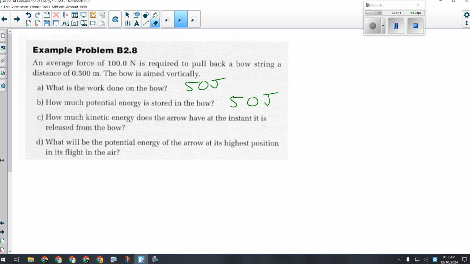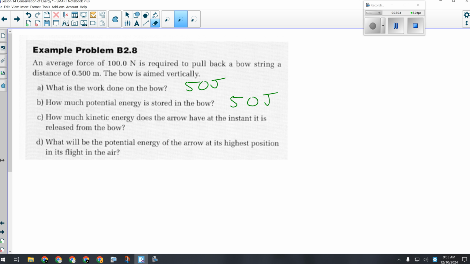It says, the total mechanical energy of an object or system remains the same unless work is done on the system or by the system. Okay, so work was done on the system, 50 joules worth of work. Now there are 50 joules worth of elastic potential energy in the bow.